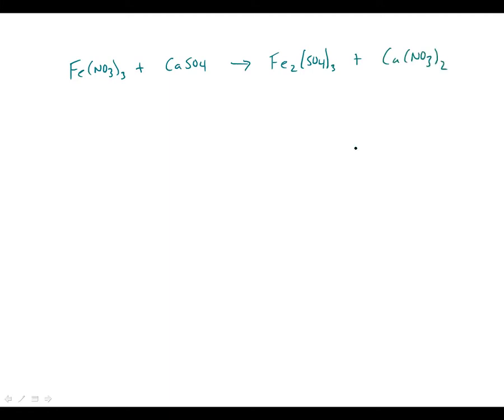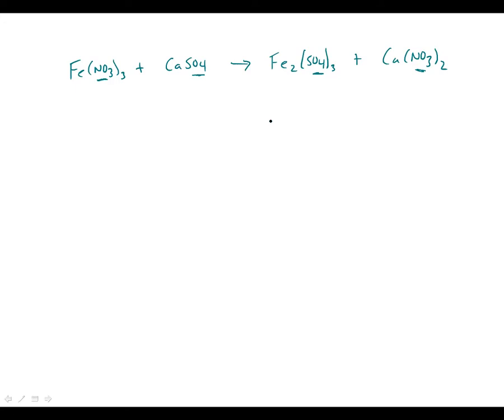Okay, so you look at an equation like this and you notice a lot of our good friends there, these polyatomic ions in it, and if they look the same on both sides, sometimes it's a lot easier to keep them together and balance them as units rather than going element by element.